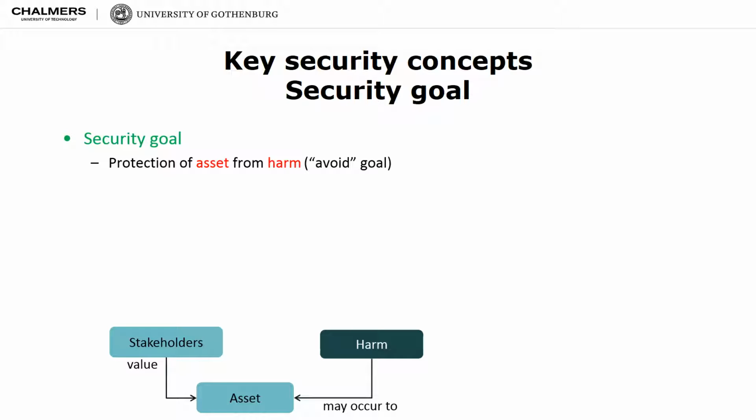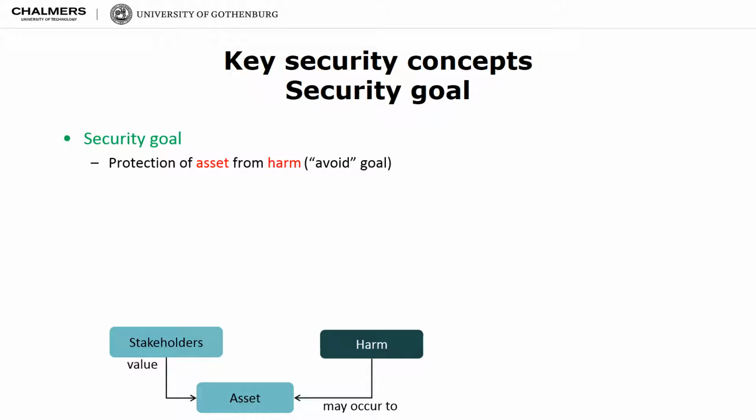An asset can be something tangible, like digital information, or it could also be a resource like a software component or a server, or an asset can also be something intangible, like for instance, the reputation of a company.